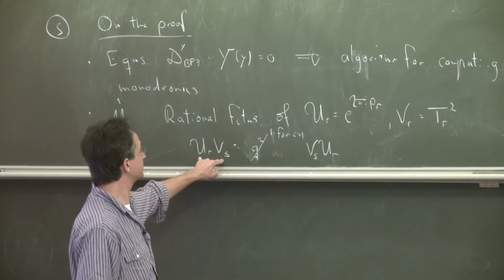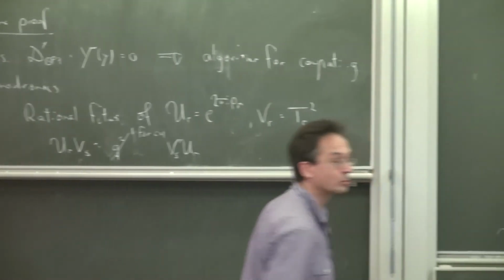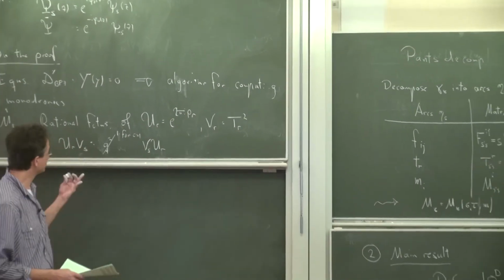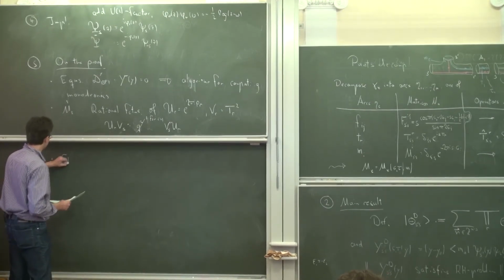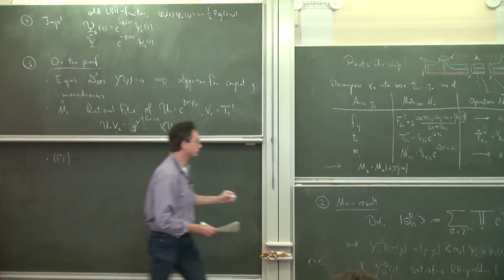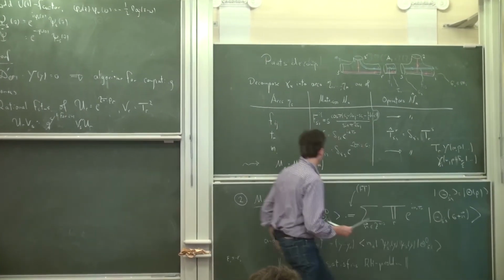Therefore, you can simultaneously diagonalize U_r and V_r, and this Fourier transformation, which is still on the blackboard, is just what does the job. So that's the last remark I want to make. This formula here, let me call it FT for Fourier transformation.